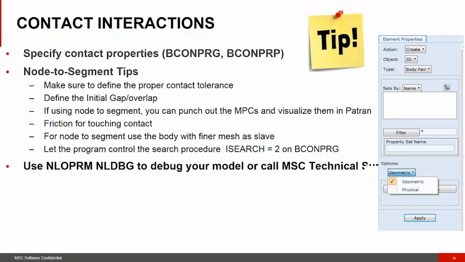So I'm going to show you that as well in the Patran demo model. Also, you can use a nonlinear parameter and enter that in your Nastran input file, to get some more debugging outputs available to you in your F06 file to get the distance tolerance, see what the solver used, or any other nonlinear iteration outputs available to debug the model. And if you're still running into issues, you can always call our MSC technical support. So I'm going to go back to Patran.